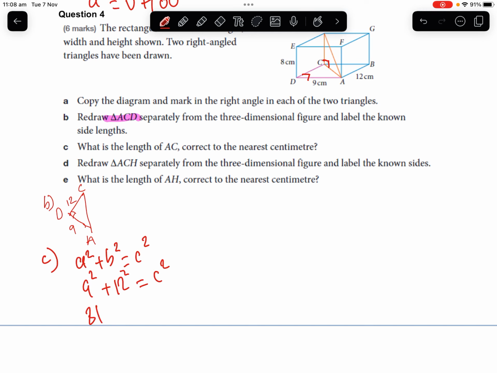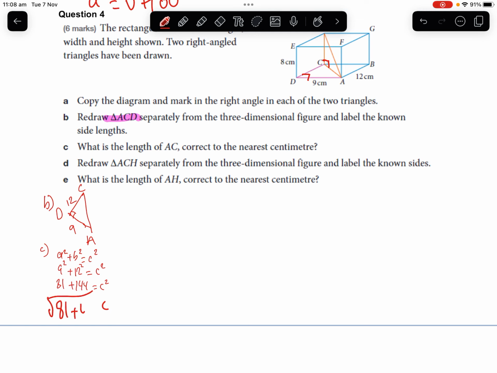Nine squared is 81. 12 squared is 144. 81 plus 144 is equal to C squared.